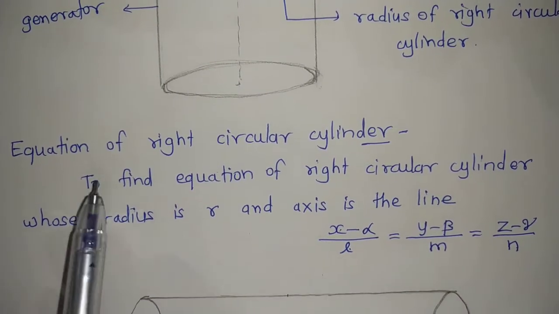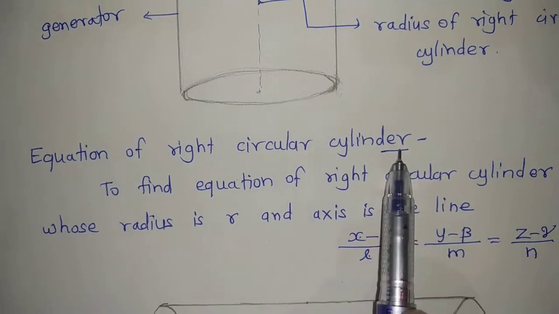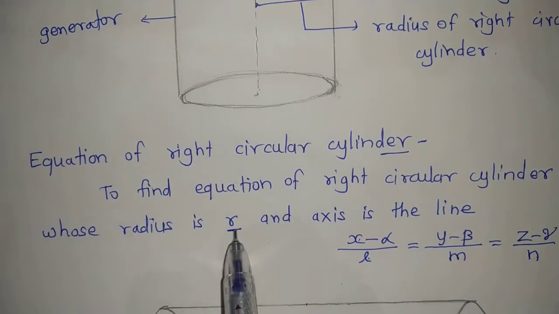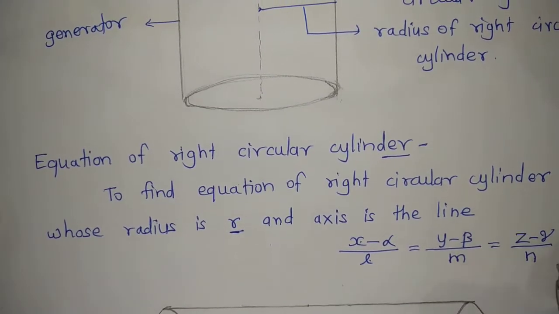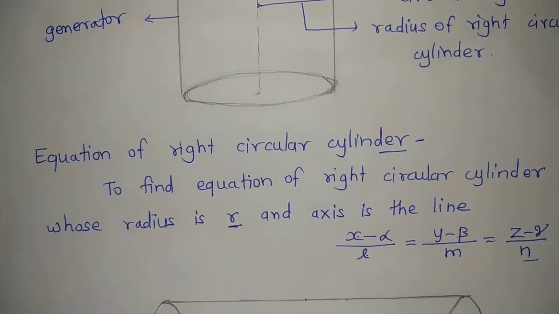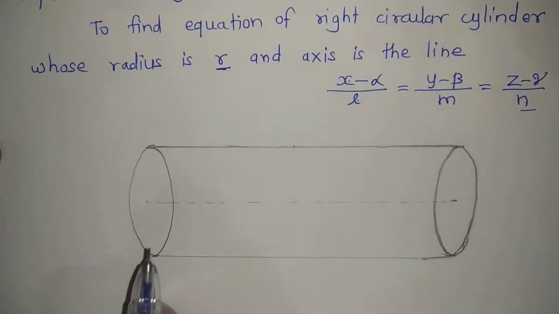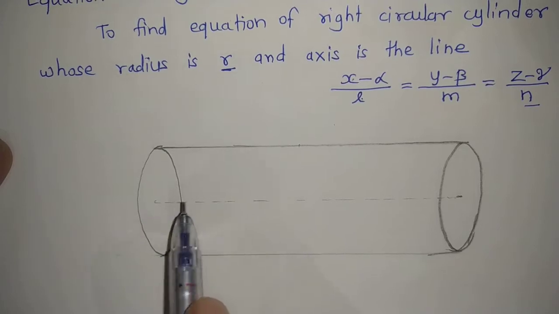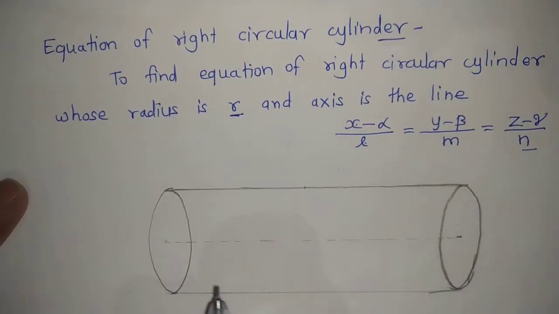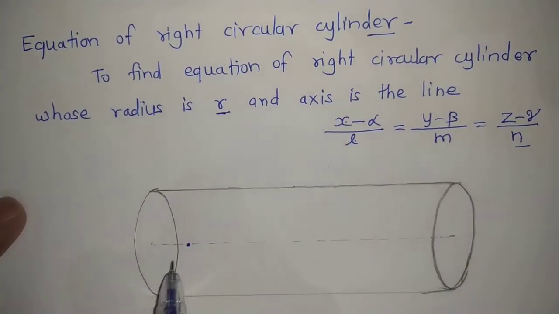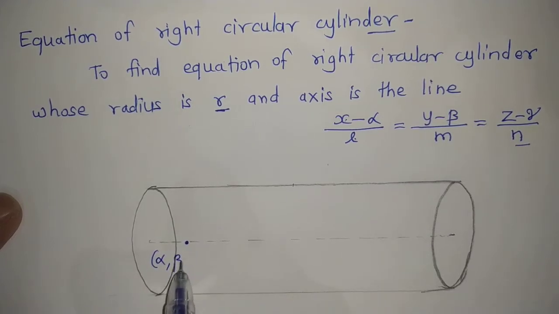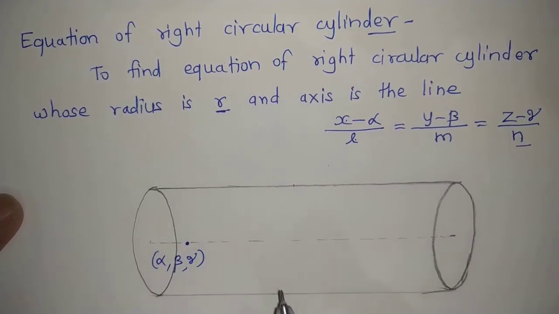Now how to find the equation of a right circular cylinder whose radius is known and axis is also known. Refer to this diagram. Let us say this is the axis. Since the axis passes through alpha, beta, gamma, I denote this point by P(alpha, beta, gamma).